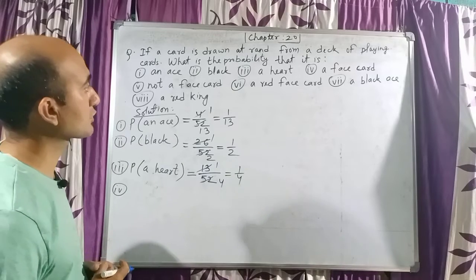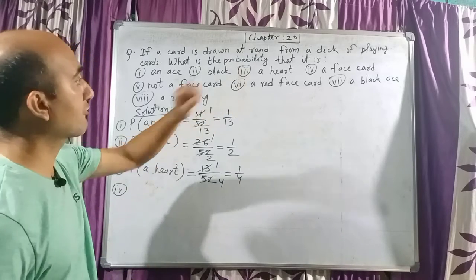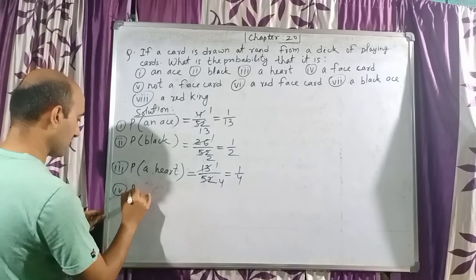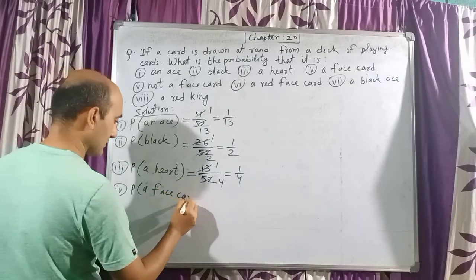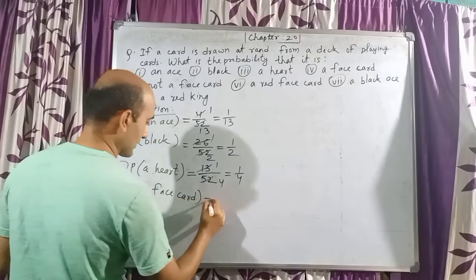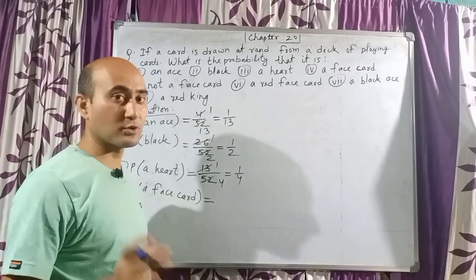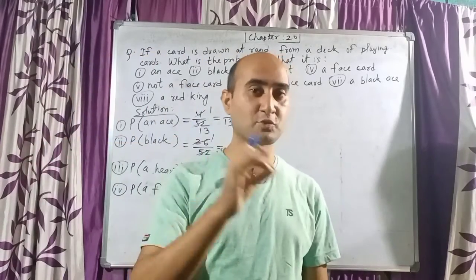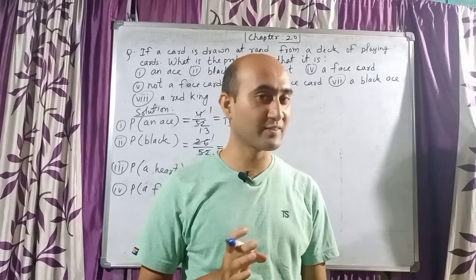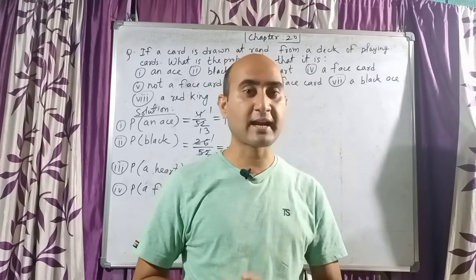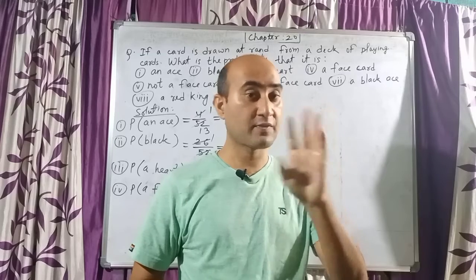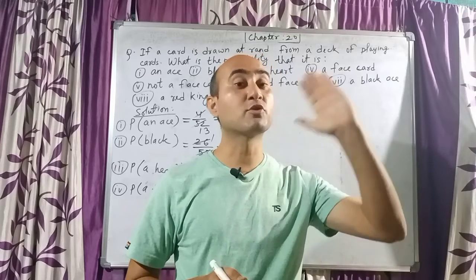Next, number 4. Number 4 question is a face card. Okay, probability of a face card. Face card means cards having a face on it. Like who were they? They were J, Q and K. Each variety has 3 face cards. There are 4 varieties, so 3 4s are 12.